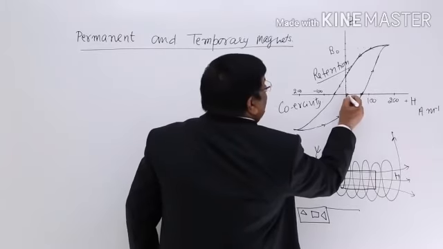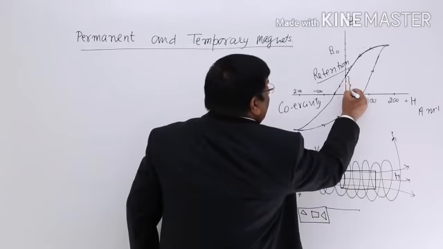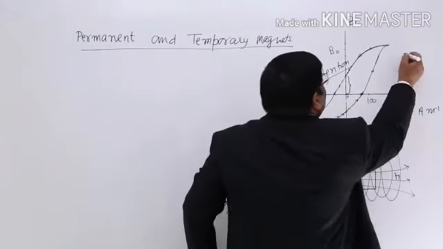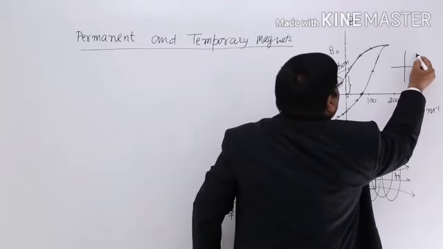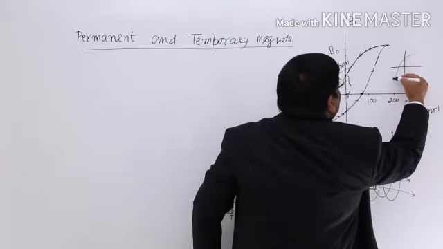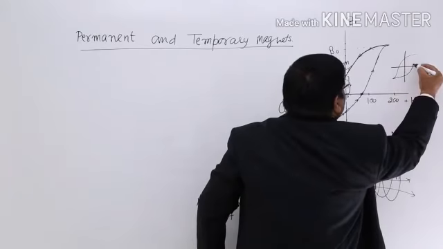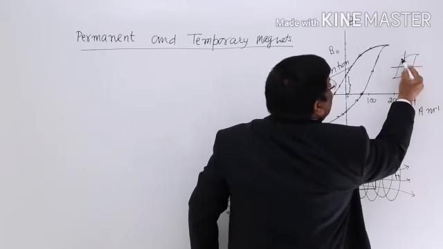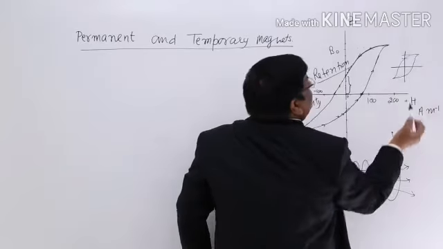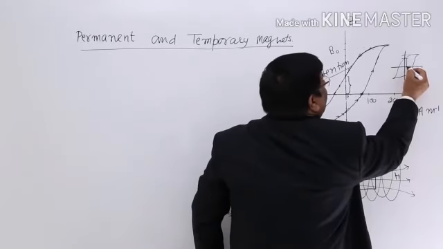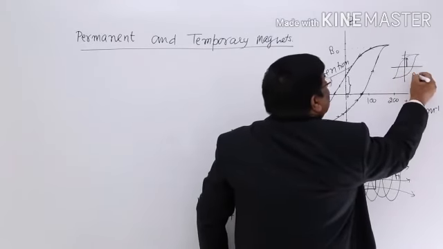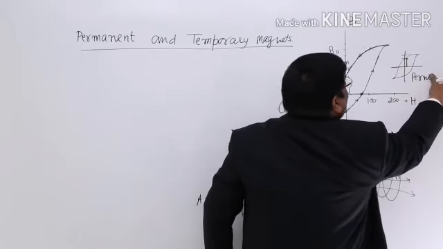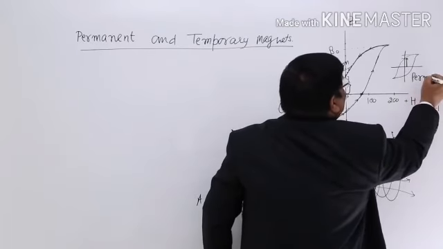H has been removed, and this is the magnetic field which is retained here. See, almost maximum value, and this is retention. A very large value is retained. This is a permanent magnet. Okay, then what is a temporary magnet?